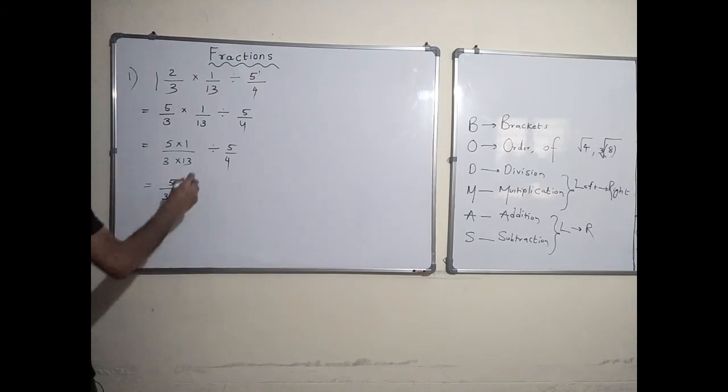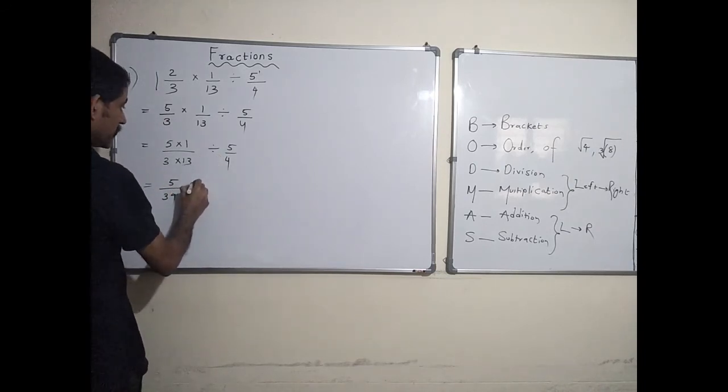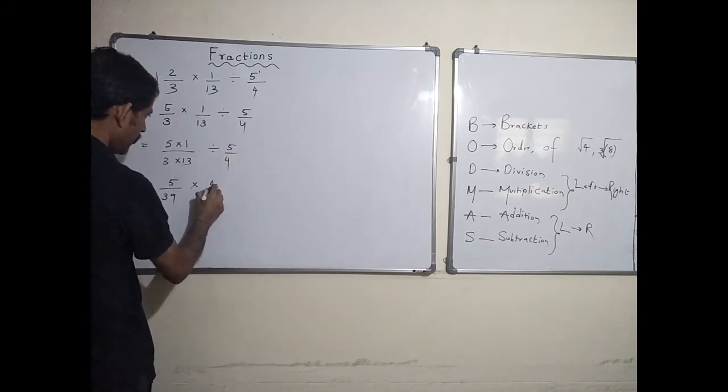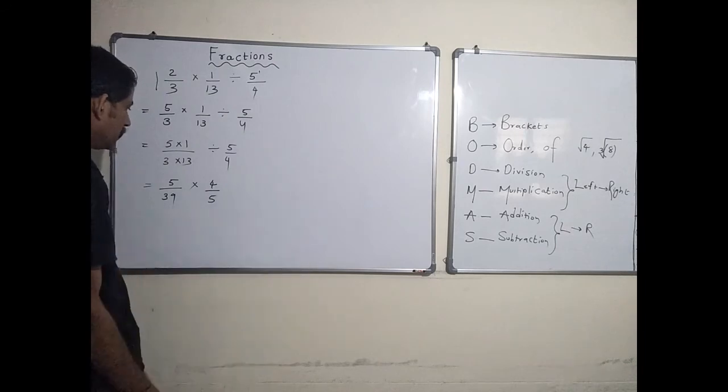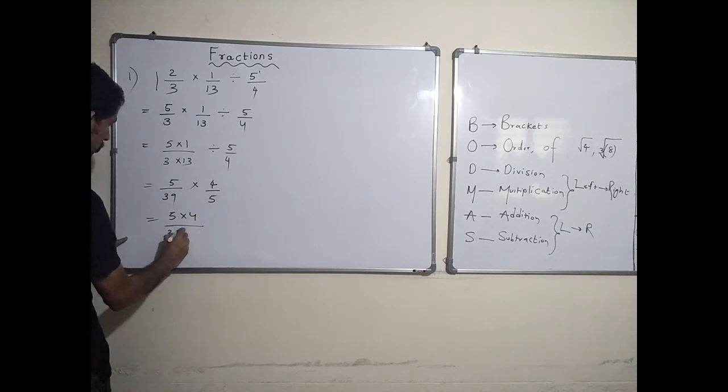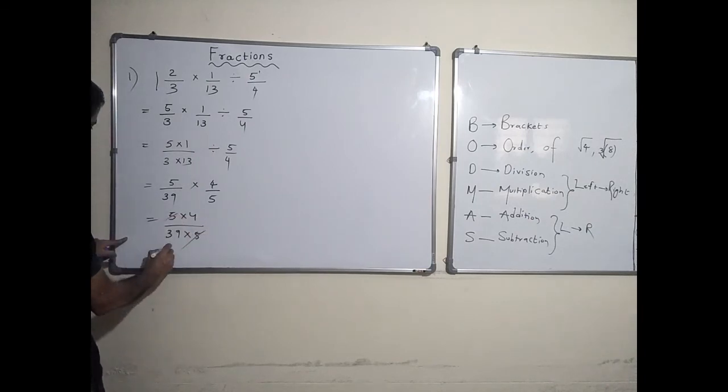Is that right? And division becomes multiplication and reverse it. Like I said, this is what it becomes. So now multiply the numerators and multiply the denominators. 5 gone. So it is 4 by 39 is the answer.